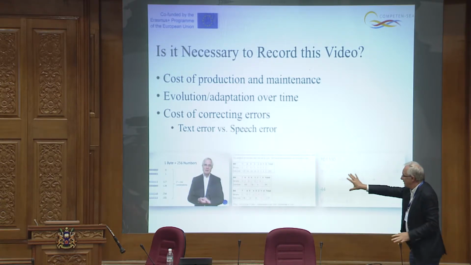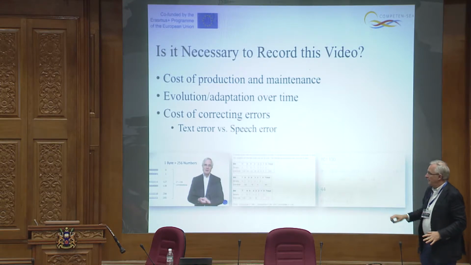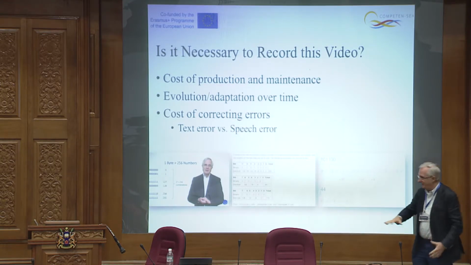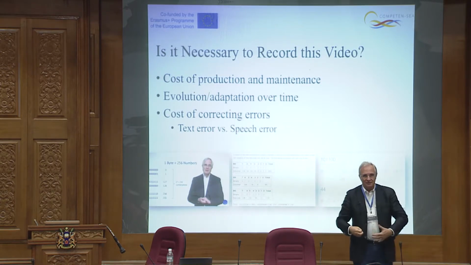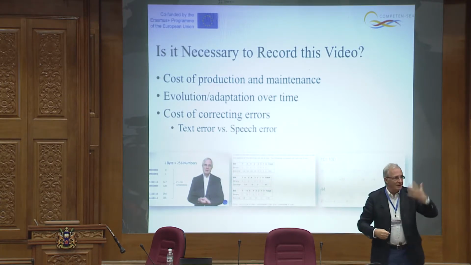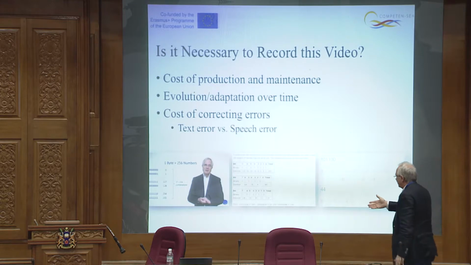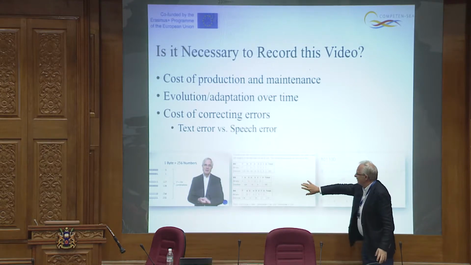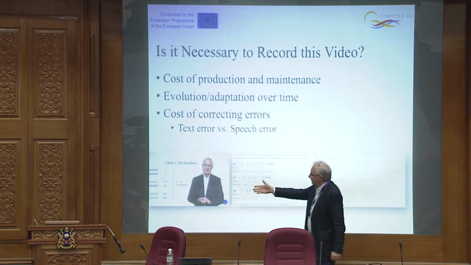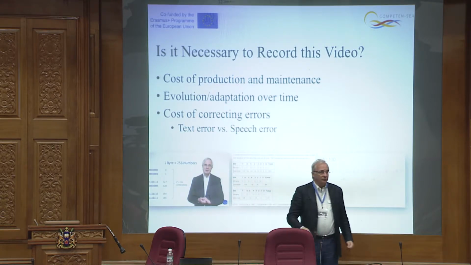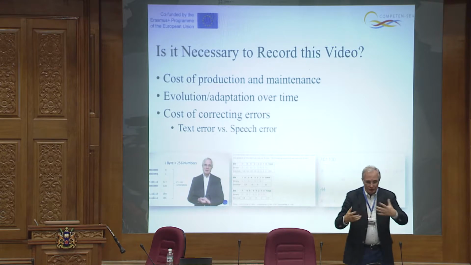The different modes cost more or less. So this is the cheapest one, just a text. It's very powerful. The student can scroll up and down very easily, so don't undervalue this possibility. A video is more expensive. You need to go to the studio.